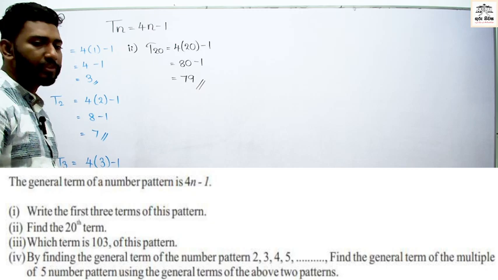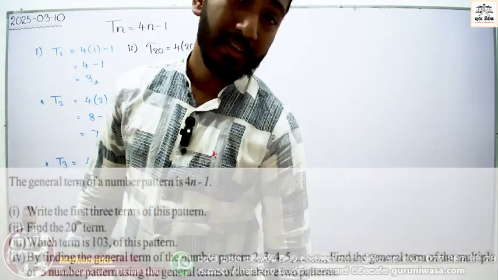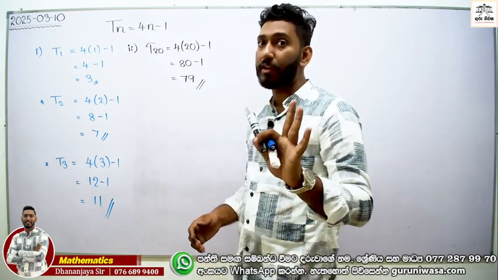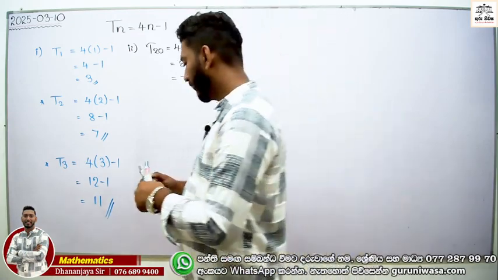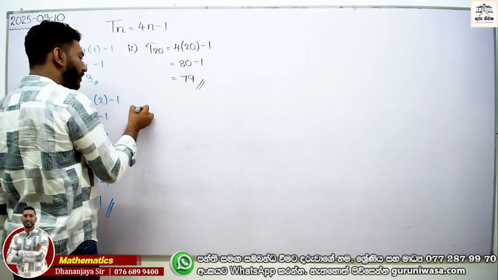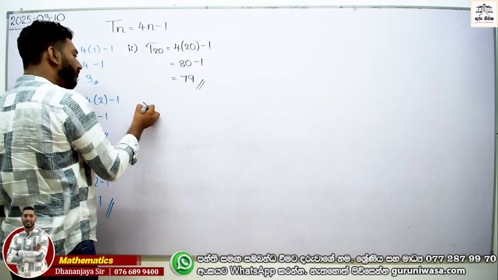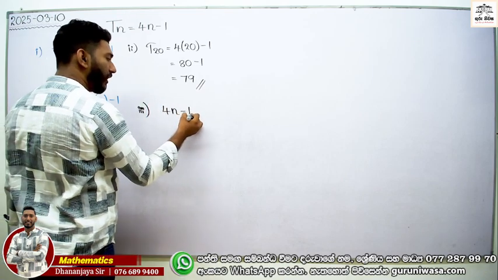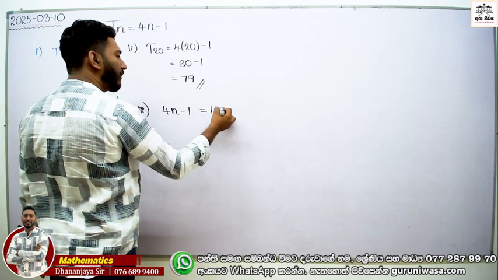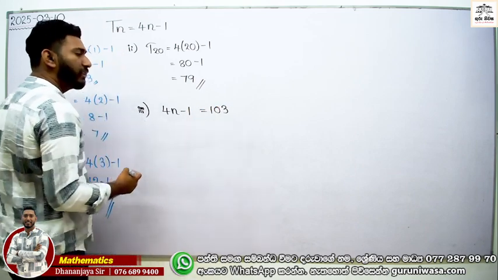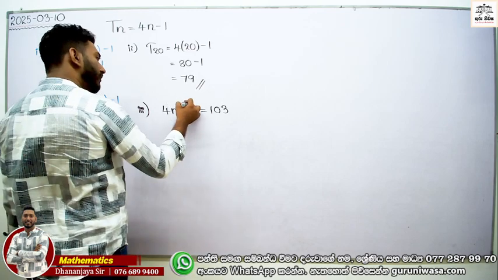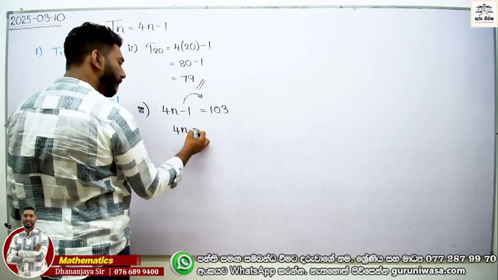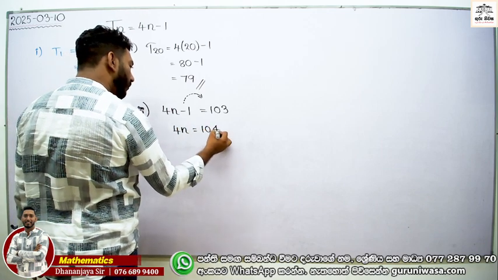And question number 3. Which term is equal to 103? Which term is equal to 103? Now what to do? You need to equate the general term 4n minus 1 to 103. Now you can find the value of n. Minus 1 goes to the other side and becomes plus 1, and it becomes 104.